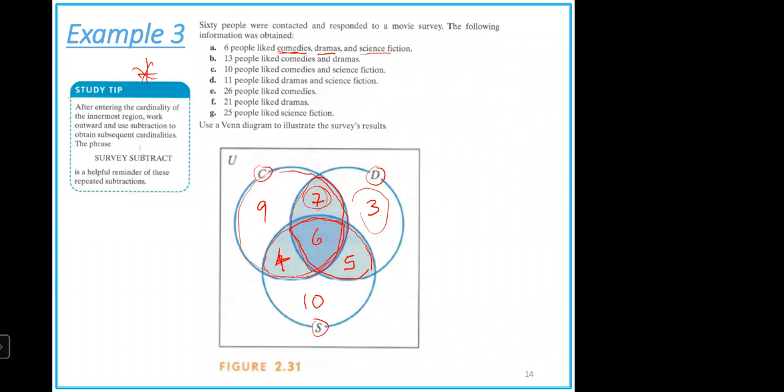Now, we're not quite finished because we have to make sure that we get 60. 60 people were contacted, so we need to add up what we have to see if it equals 60. 10 and 4 is 14, 14 and 9 is 23, 23 and 7 is 30, 30 and 6 is 36, 36 and 5 is 41, 41 and 3 is 44. So what are we going to do?